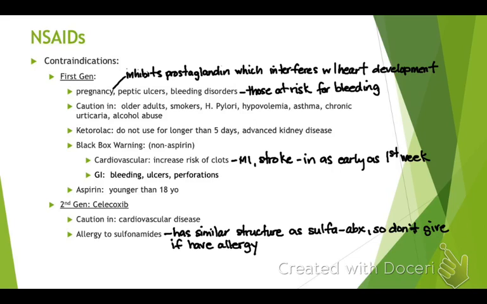Your contraindications for your second gen celecoxib, again, you want to be cautious with patients that have some type of cardiovascular disease, and any patients that have an allergy to sulfonamides. They do have a very similar structure as the sulfa antibiotics, so you don't want to give it if they have an allergy to the sulfa drugs.